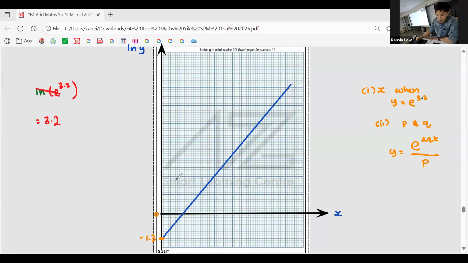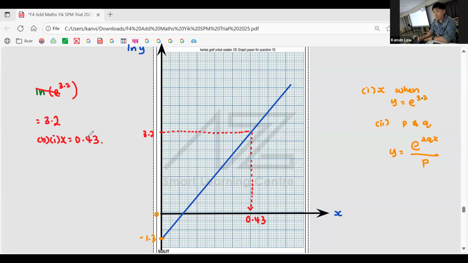From the table, look at the 3.2, then you put the dot and go down, and that's where you get the value of x, which is equal to 0.43. So the answer for B1 is x equals 0.43.